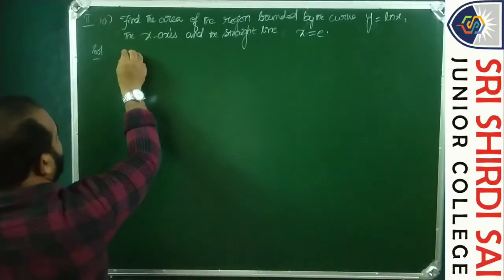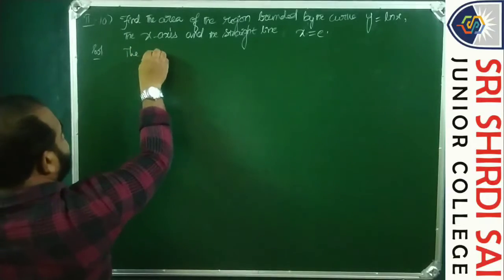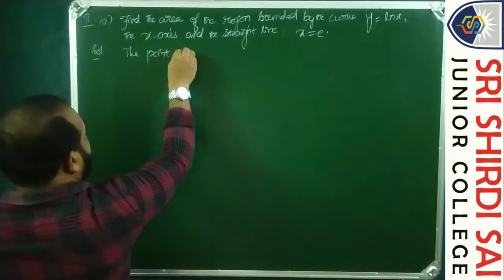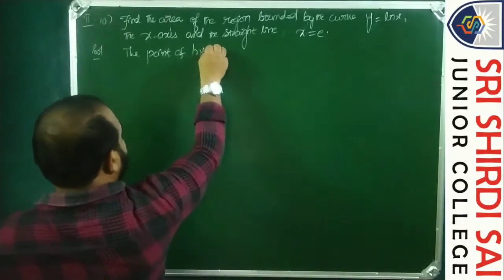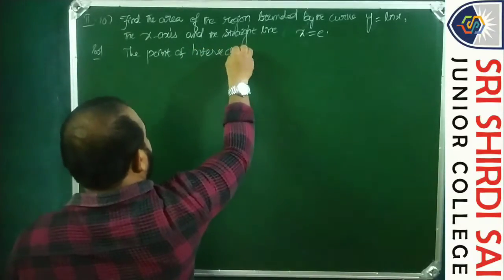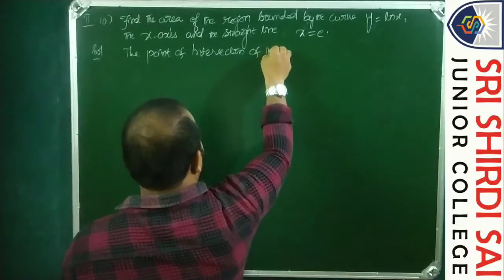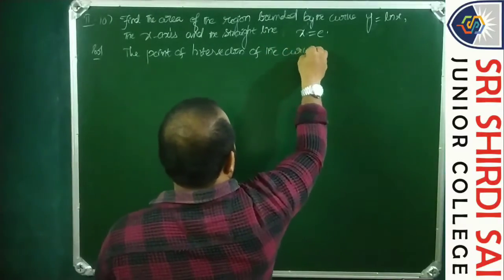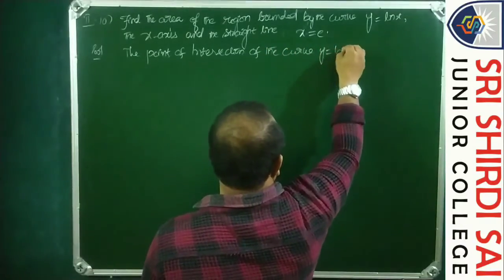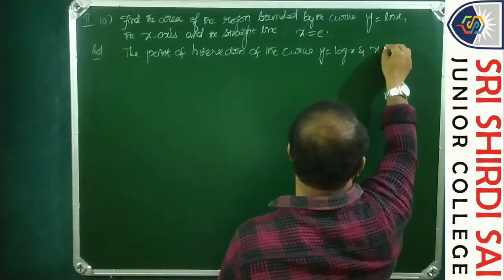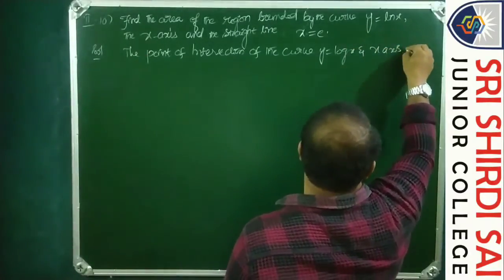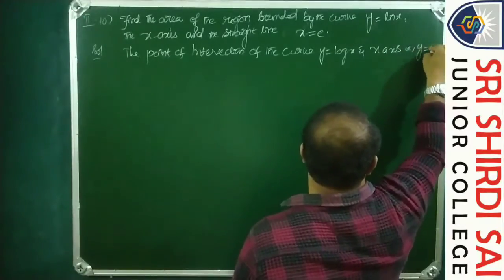So the point of intersection of the curve y equals log x and the x-axis. The x-axis means y equals 0.